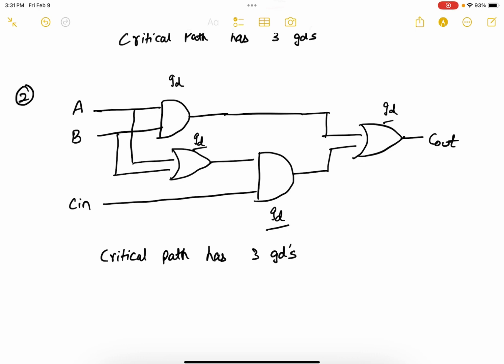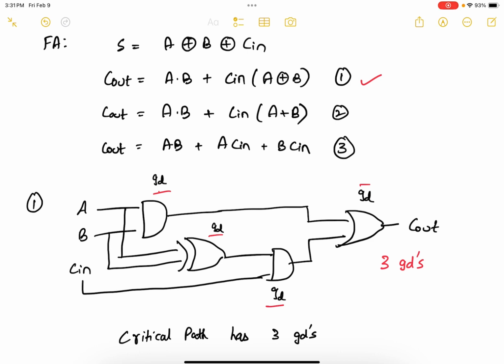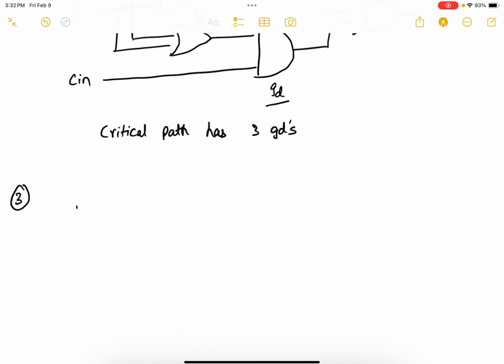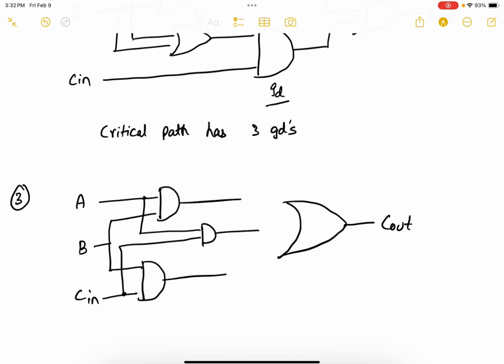Let's take the third equation, which is AB OR BC OR AC. That's A, B, C. So you have AB, you have BC, and you have AC. All of these three go into an OR gate and you get Cout.